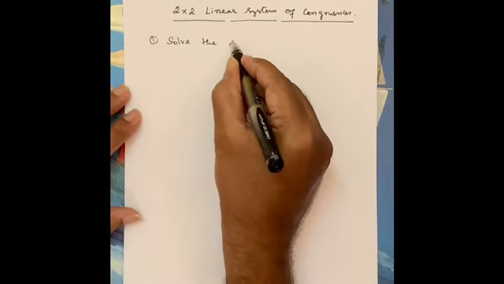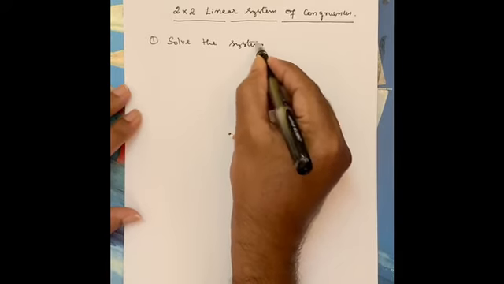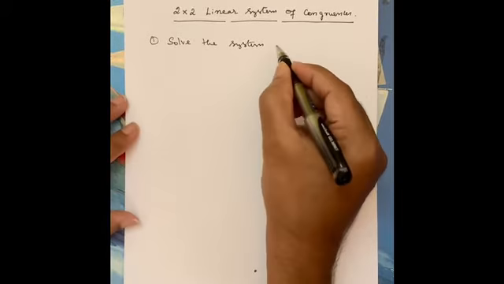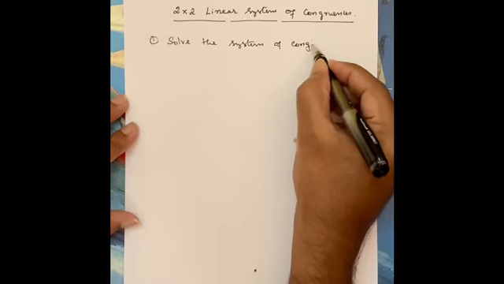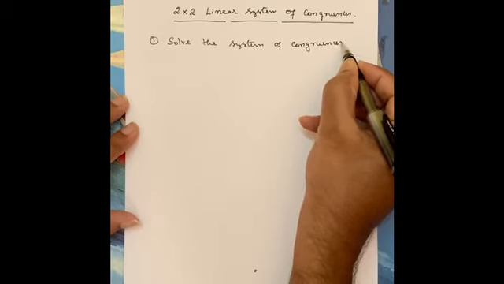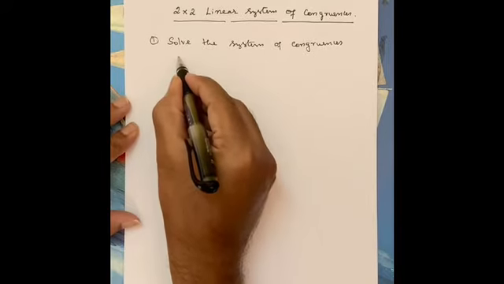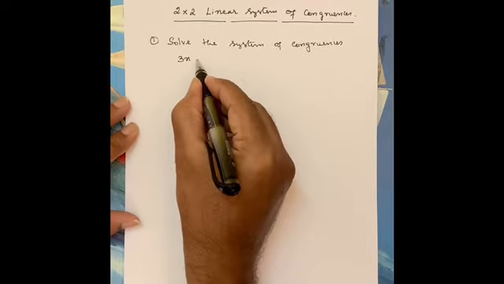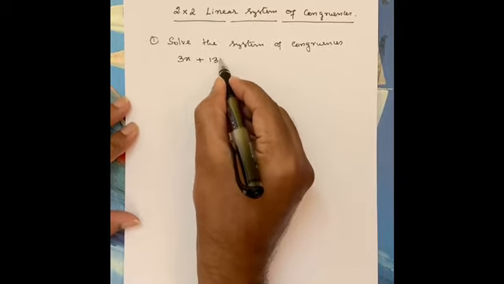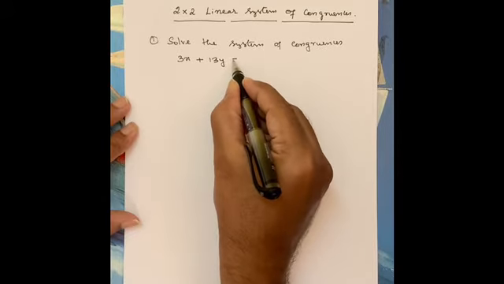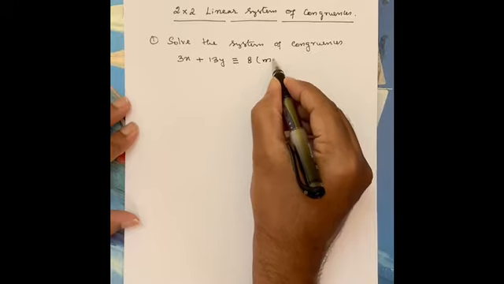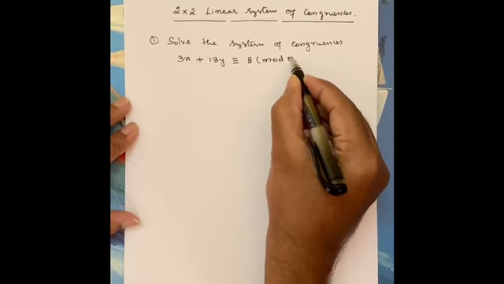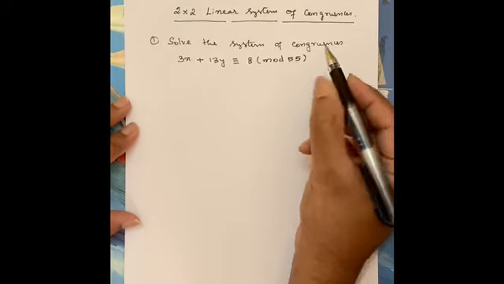So solve the system of congruences. 3x plus 13y, which is congruent to 8 modulo 55.